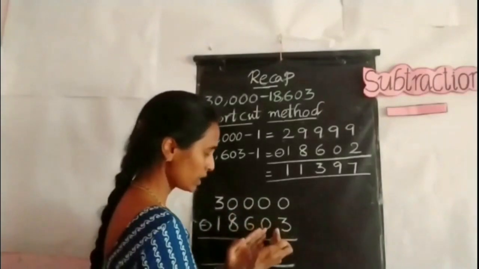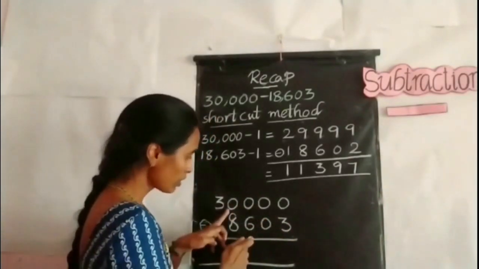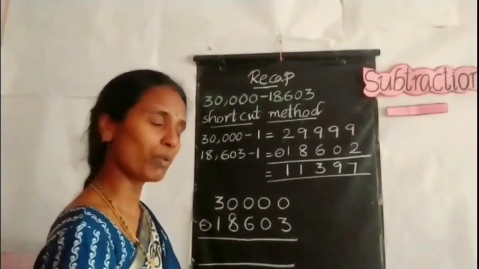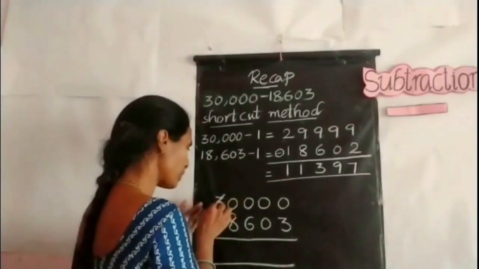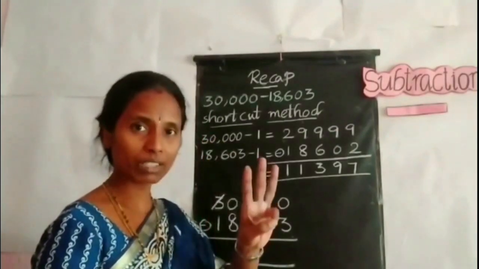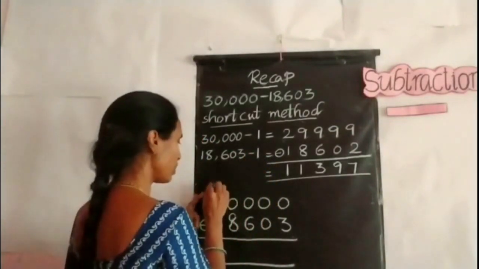As the tens place also has zero, the 100s place also has 0, the 1000s place also has 0, from the 10,000s place I am going to take borrow. 3 10,000s are there. From 3 10,000s I am taking 1 10,000. So 2 10,000s will be there.